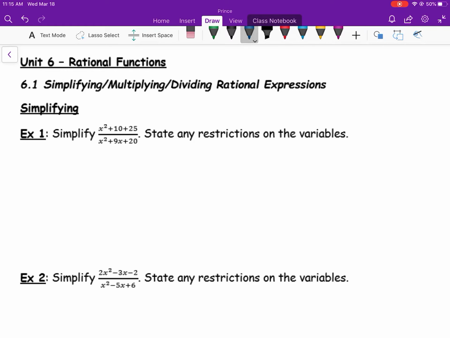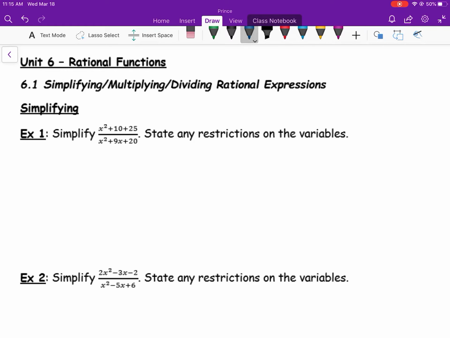Now that's all done. So simplify. Cross off things that are the same. I have an x plus 3 top left, x plus 3 bottom right. And I have an x minus 4 bottom left, x minus 4 top right. And that's all I can cross off. So now I'm just going to write what's remaining on top and what's remaining on bottom.